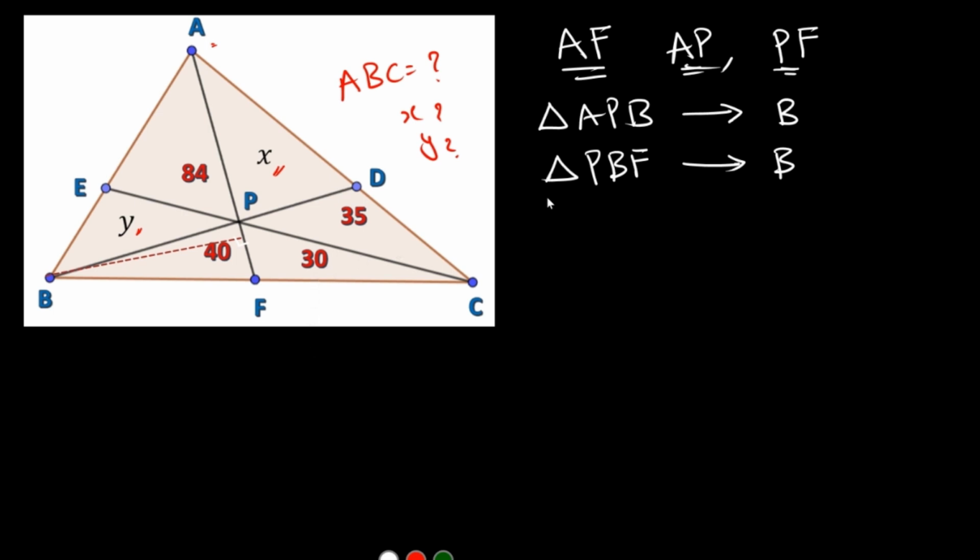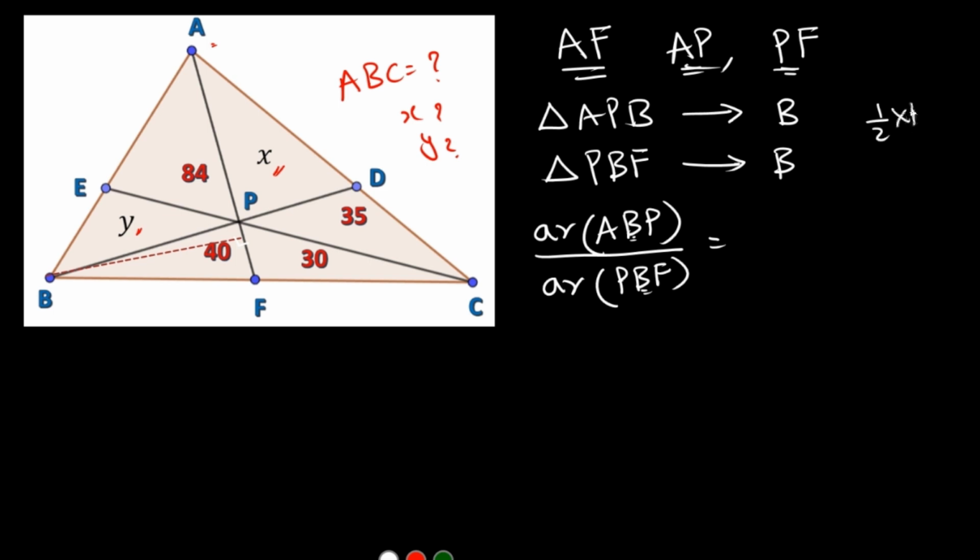So now what I am trying to do, let me write the area of ABP upon the area of PBF. These two triangles have the common point B as the opposite vertex, right? The triangle area is half into base into height.